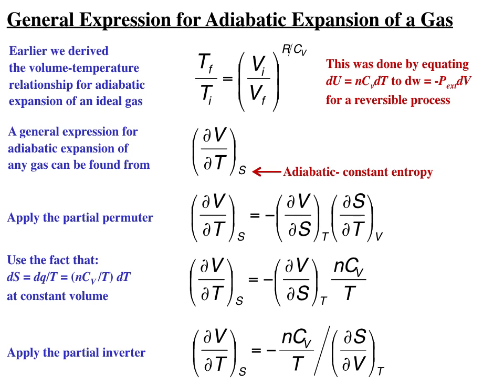I just use my definition of the permuter, stick in x, y, and z as V, T, and S, and I learn that (dV/dT) at fixed S is minus (dV/dS) at fixed T times (dS/dT) at fixed V. Then I substitute into that dS is dq over T, which for constant volume is nCv dT over T. And so I get that the left-hand side, (dV/dT) at fixed S, is equal to minus (dV/dS) at fixed T times nCv over T for the term on the right.